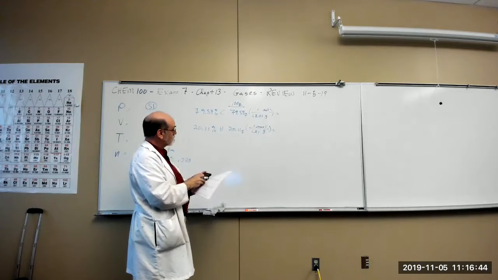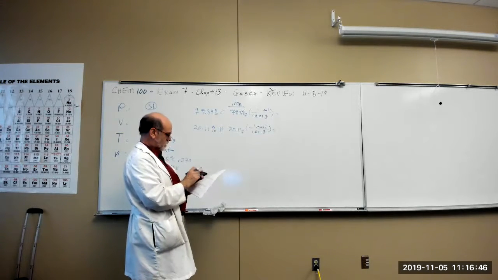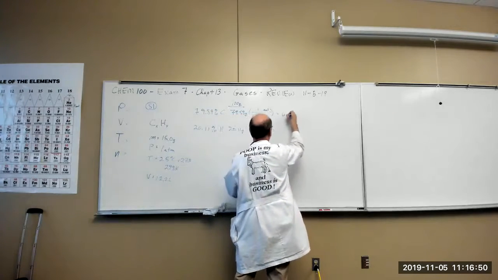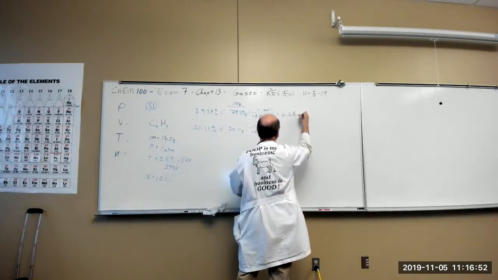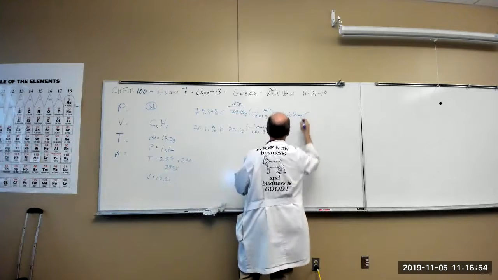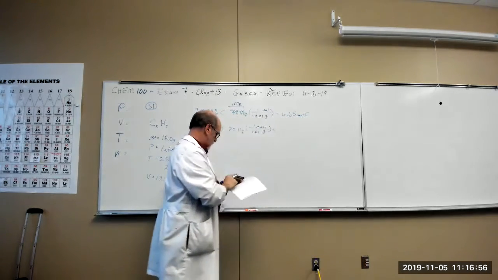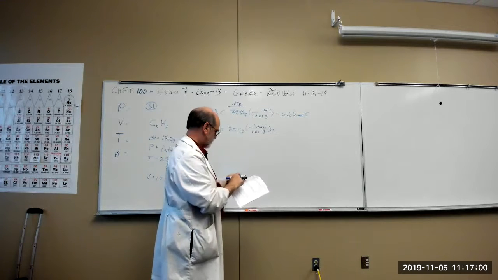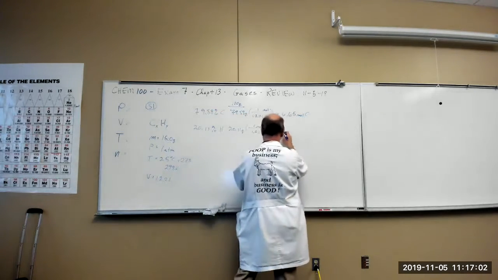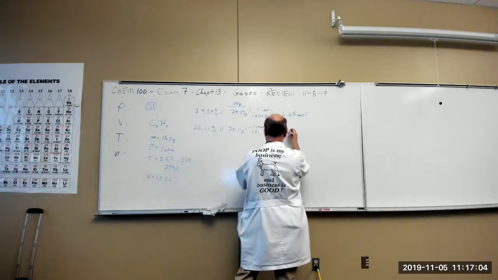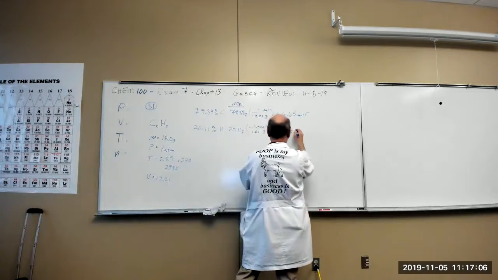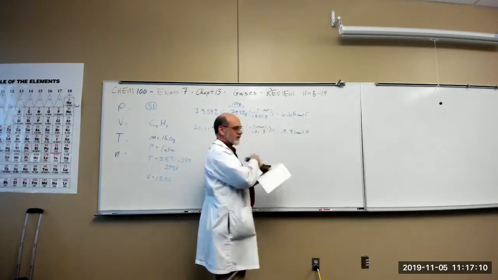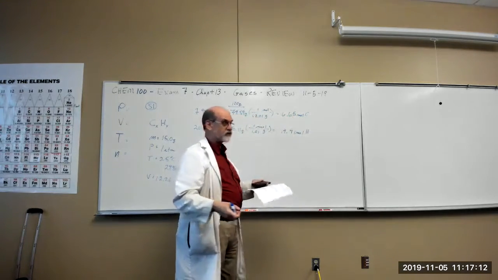Right? So now we can find out what that ratio is. 79.89 divided by 12.01. So that's 6.65 moles of carbon for every 19.91 moles of hydrogen. So now we just have to convert it to a whole number ratio.